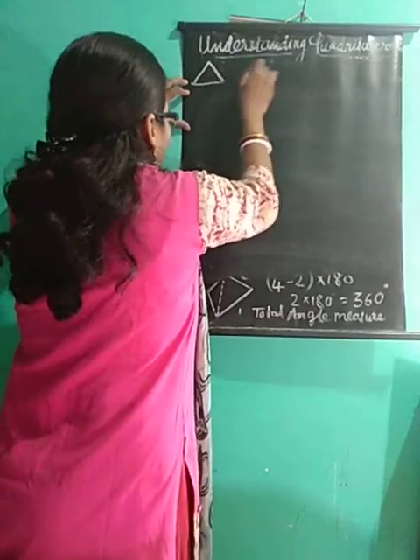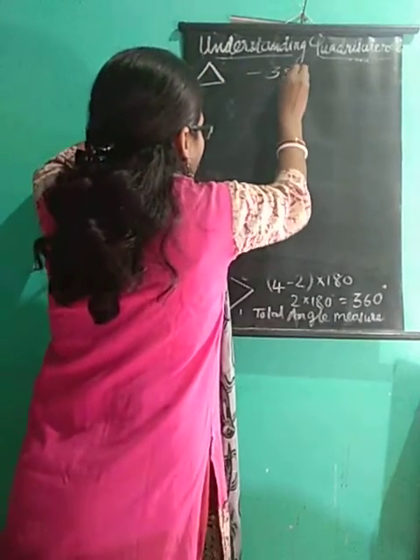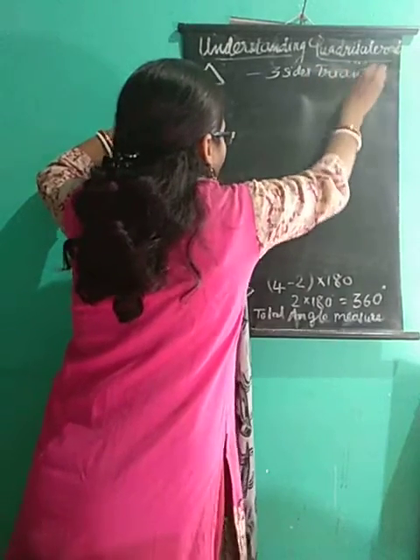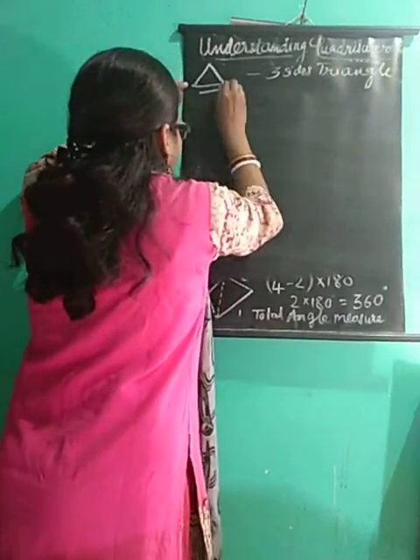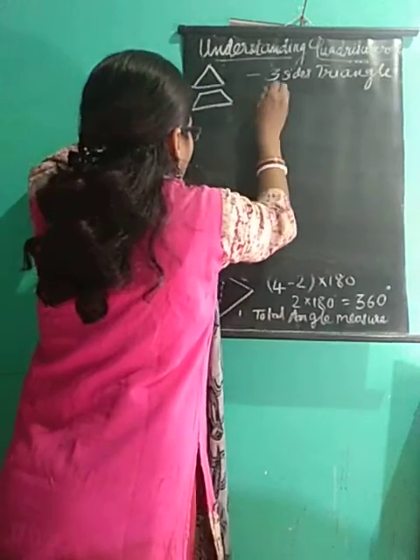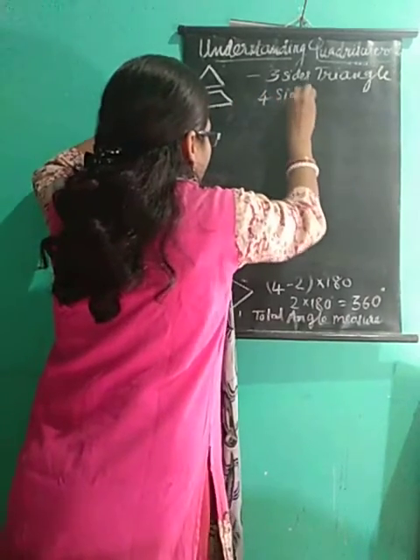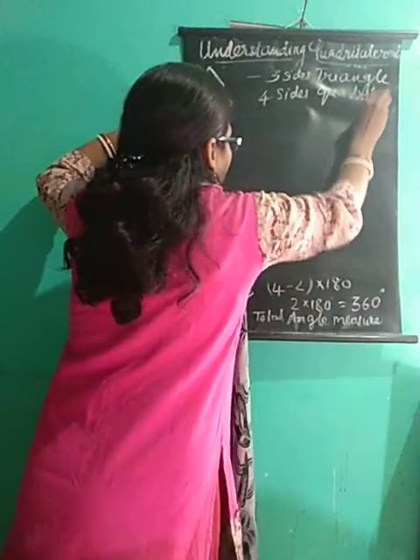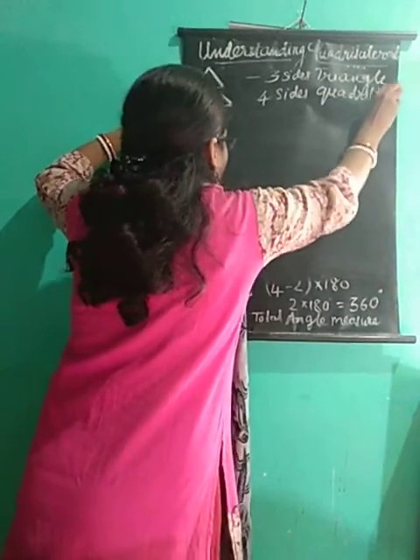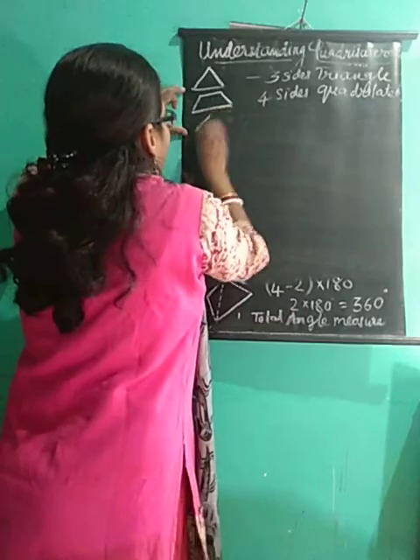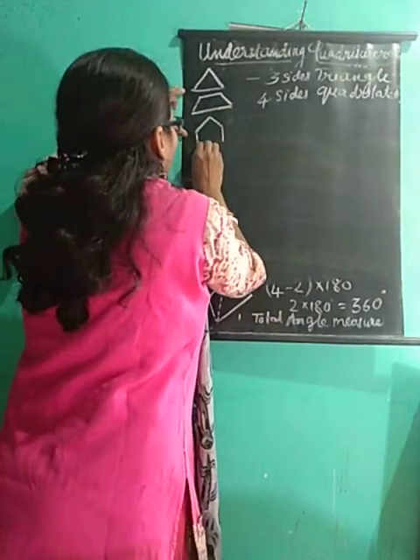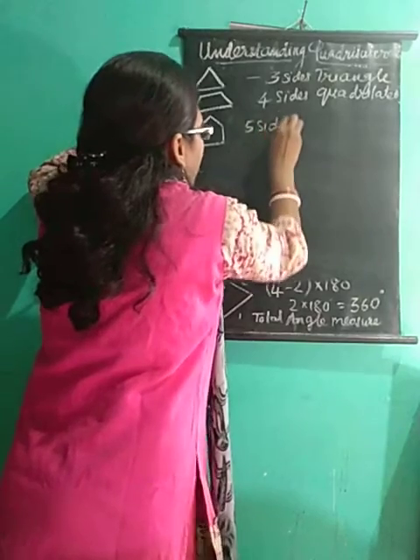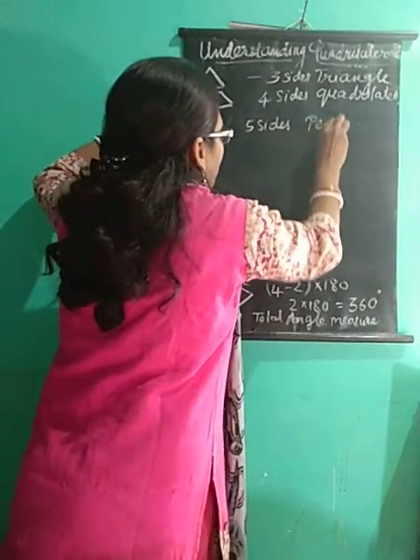With 3 sides it is your triangle. 4 sides, it is a quadrilateral. 5 sides, here 1, 2, 3, 4 and 5. This is your 5 sides. It is called a pentagon.